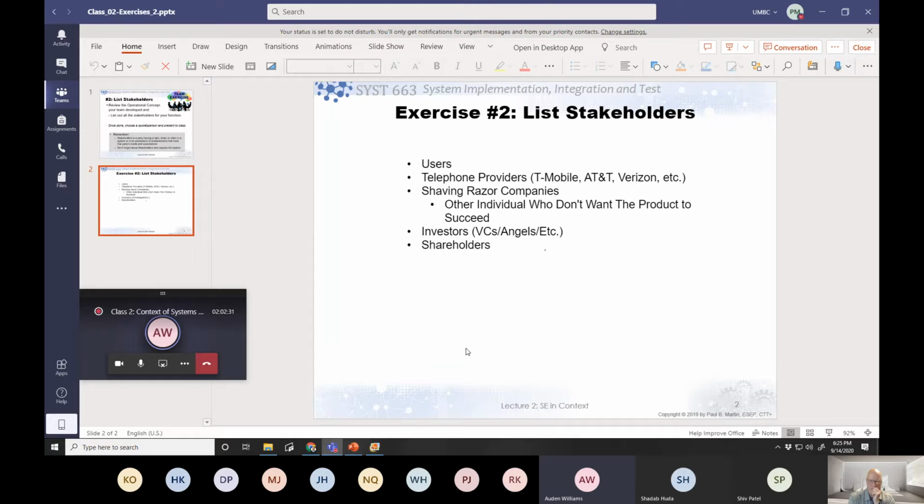Well, all shareholders are stakeholders, but all stakeholders aren't shareholders. It could be the general public, like if the product creates an IPO, it could be individuals like that.